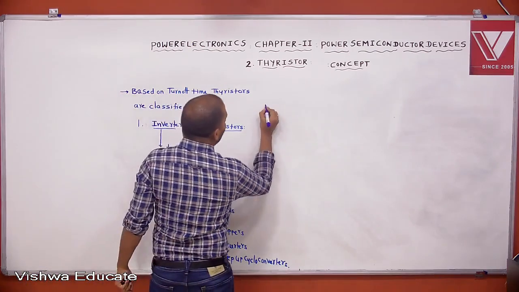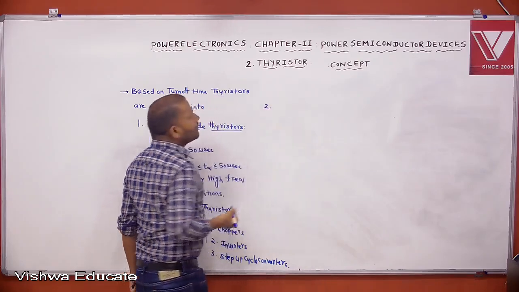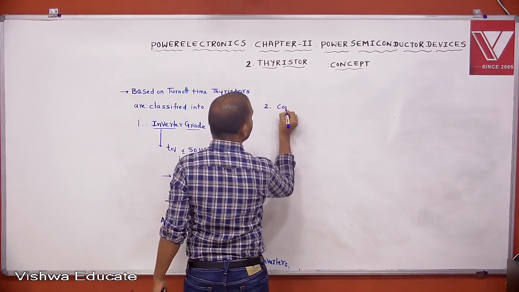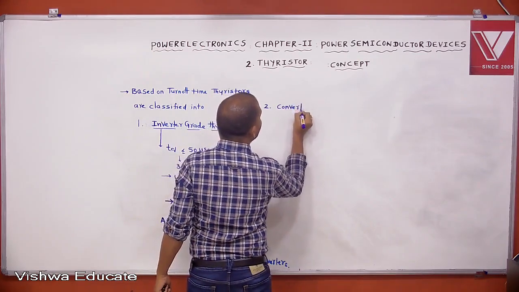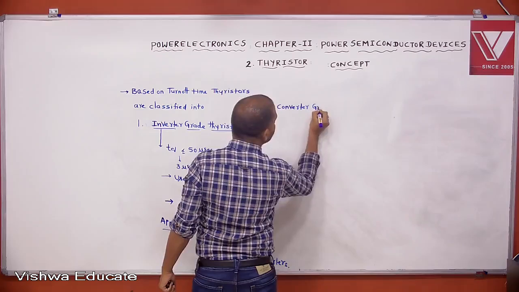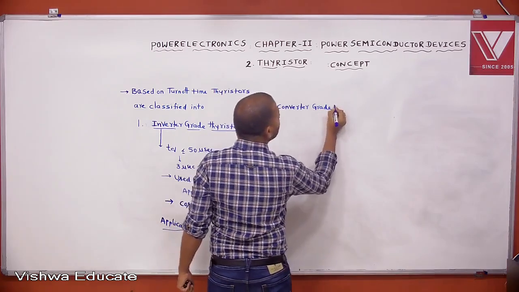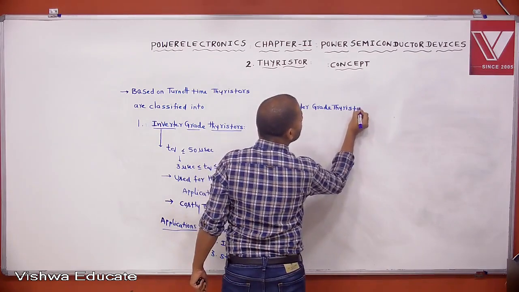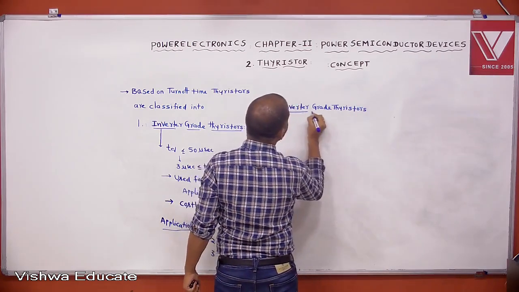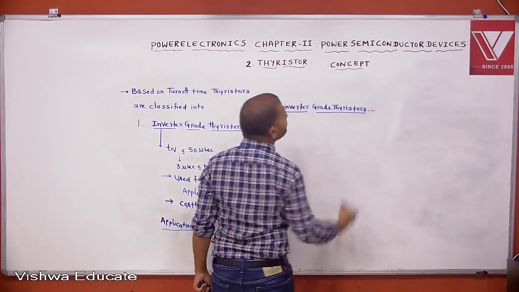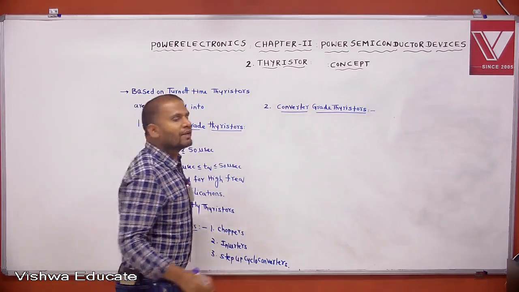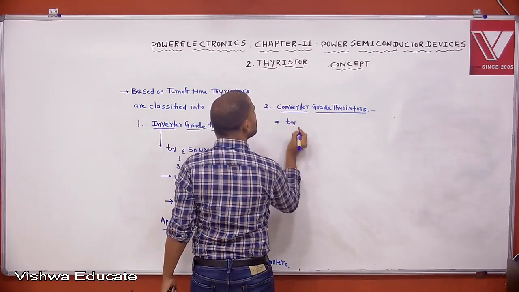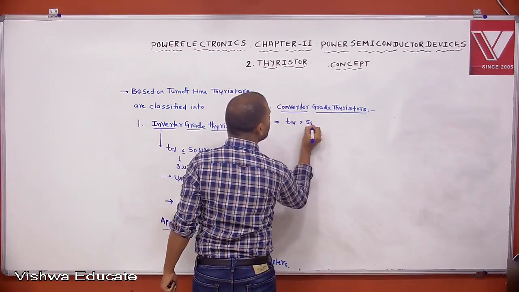The other type of thyristors based on turn off time is converter grade thyristors, or SCRs. For this converter grade thyristor, the turn off time TQ is greater than 50 microseconds.